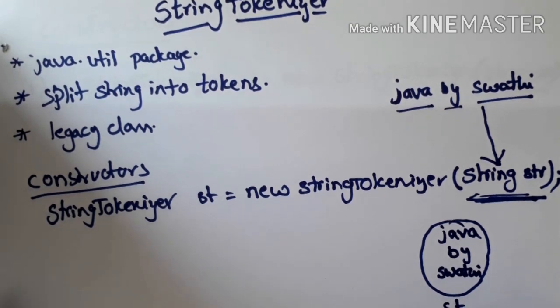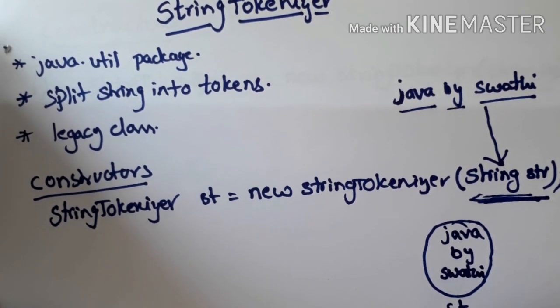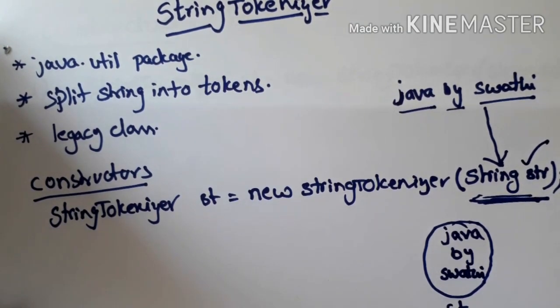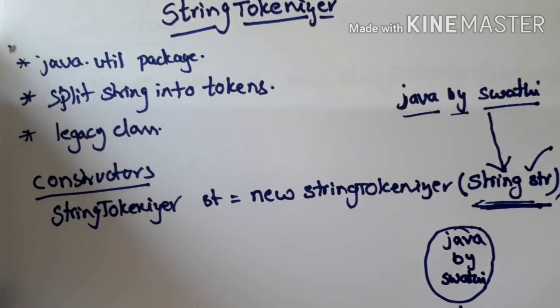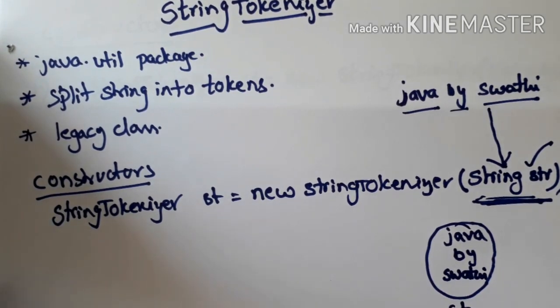This is what happens when I create a StringTokenizer object using this first approach, which takes the string as parameter.